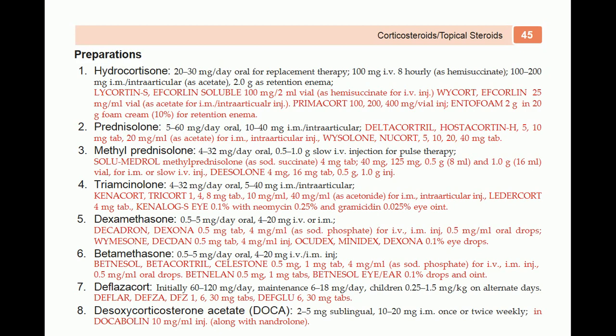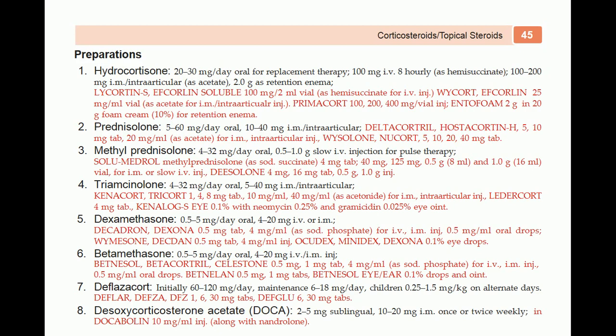Dexamethasone is another corticosteroid, available at 0.5 to 5 mg orally, and 4 to 20 mg IV or IM. Decadron, or dexamethasone, is also available under trade names Decadron or Dexona, 0.5 mg tablet and 4 mg per ml sodium phosphate for IV and IM injection, and 0.5 mg per ml oral drops.